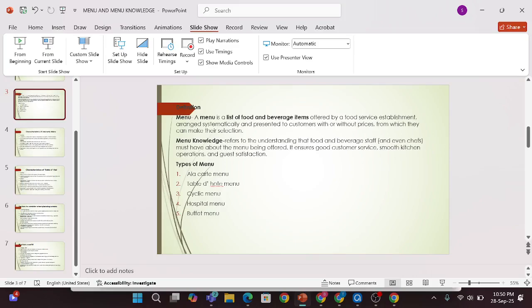Just from the word cyclic, it rotates, like it can work from maybe, let's say, January to March, then from April or May, the kind of menu that will be offered in a given setup, if it's a school, will change.